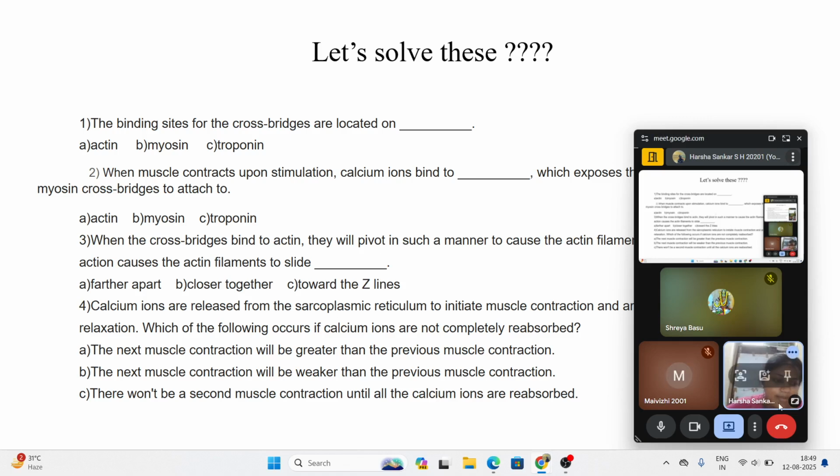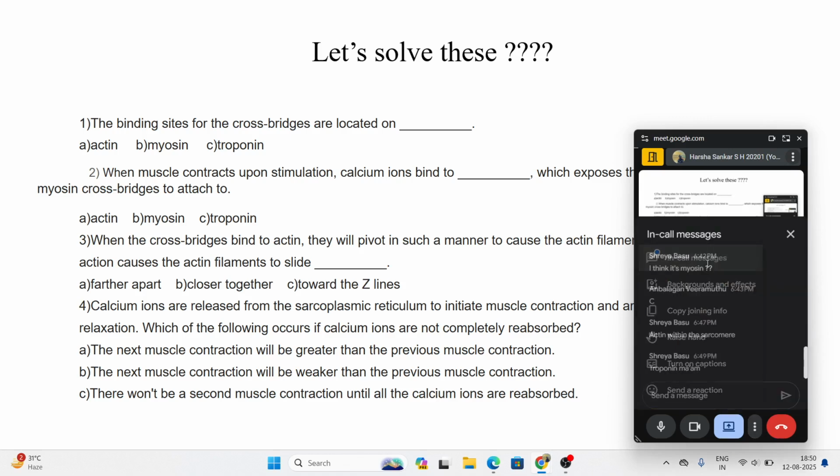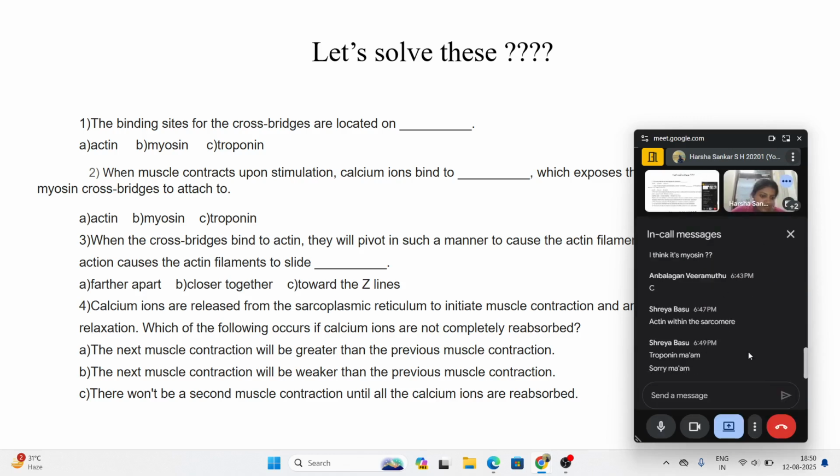If you don't know also, it's completely fine. We'll discuss, okay? Okay. So troponin C, troponin I, and so calcium is binding to, remember the C. So troponin C binds to calcium.